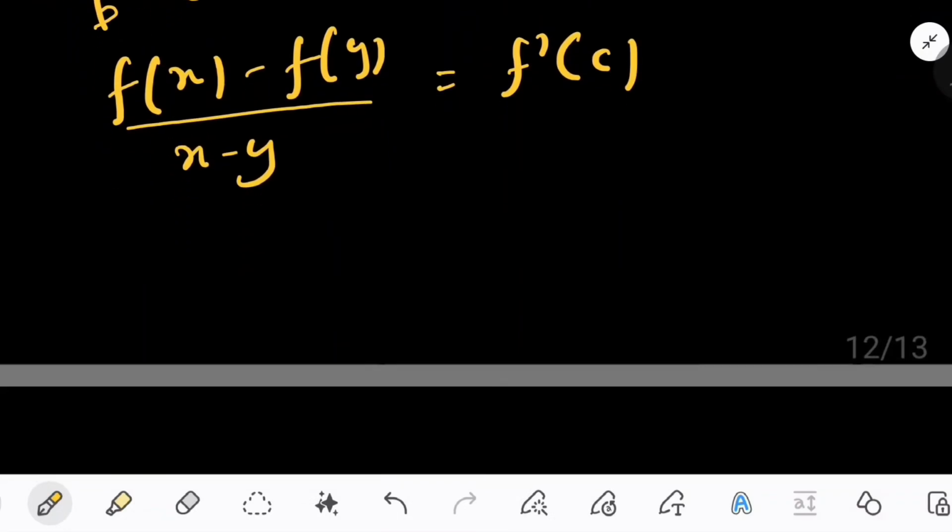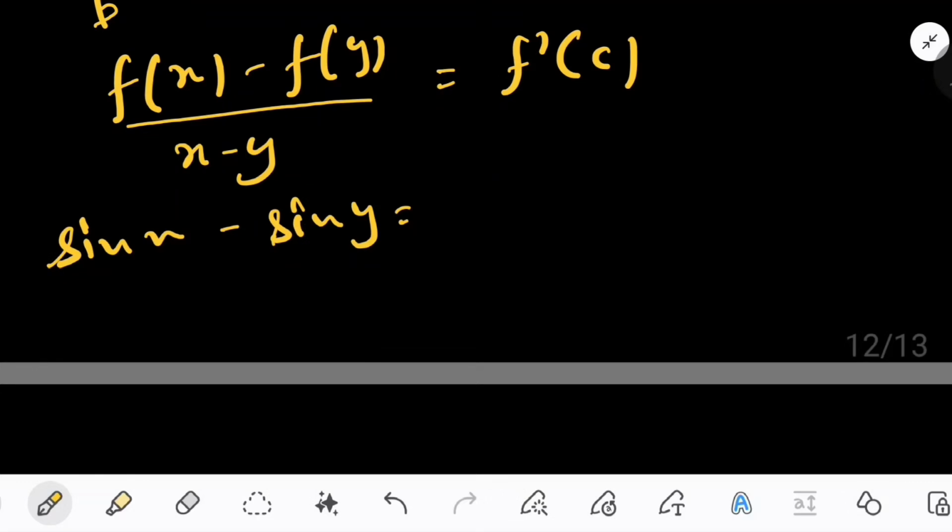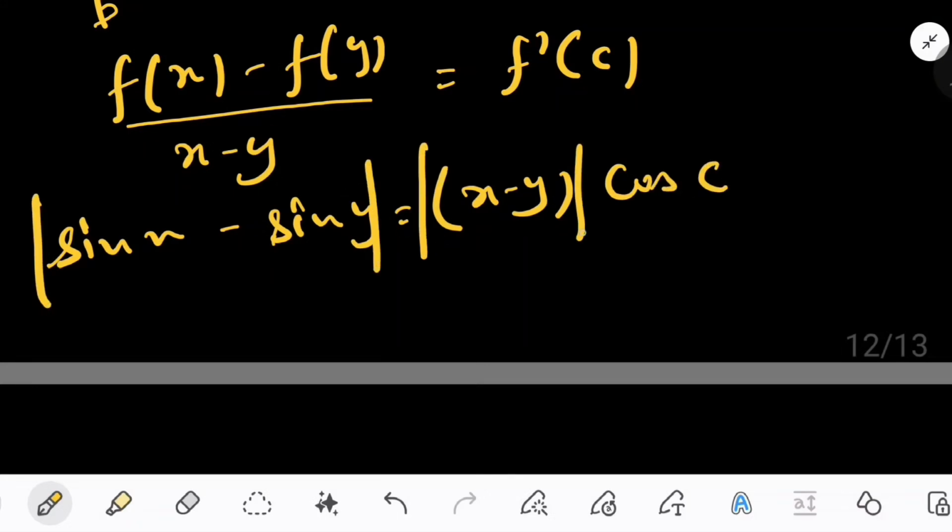Okay. So you get sine of x minus sine of y is equal to, what's the derivative of sine x? It will be equal to cos x, right? It was equal to x minus y into cos of c. Just take mod both sides as given in the question.